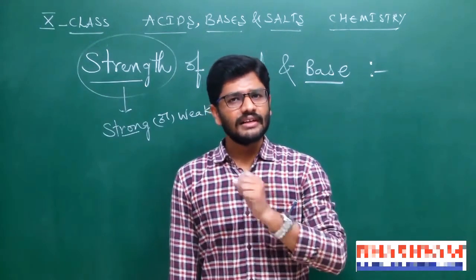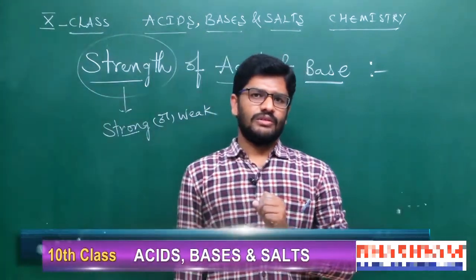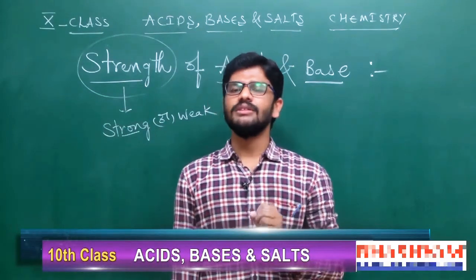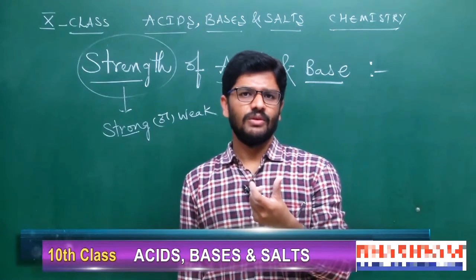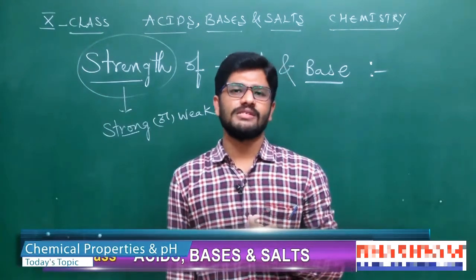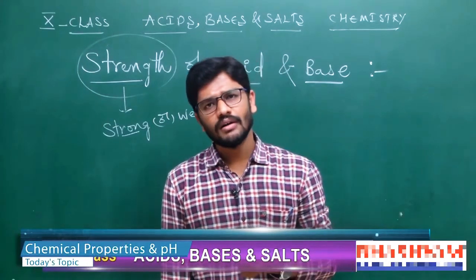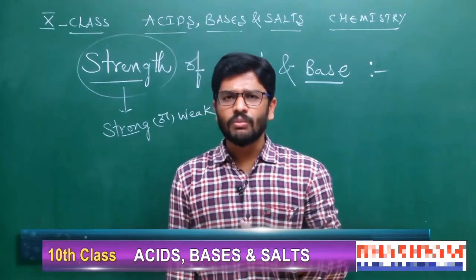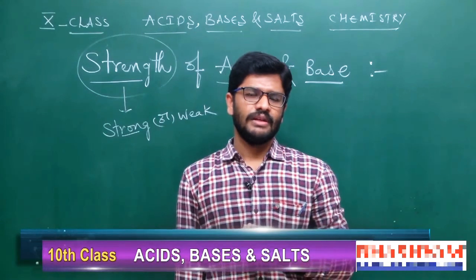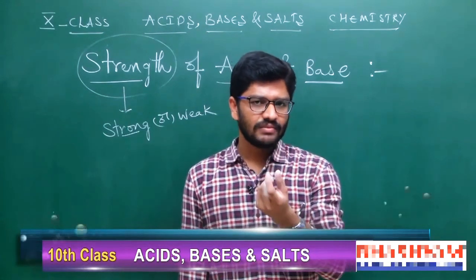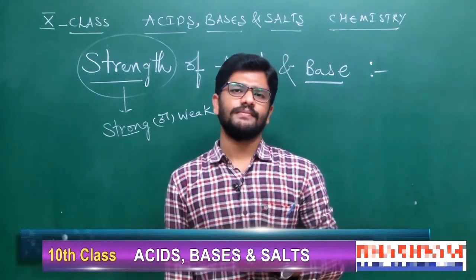We know that generally, a strong acid is the acid which can produce more number of H plus ions, or more number of H3O plus ions, hydronium ions. That substance can be called a strong acid.